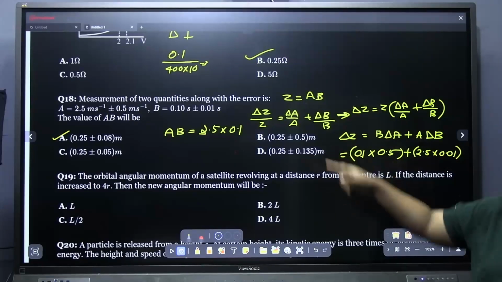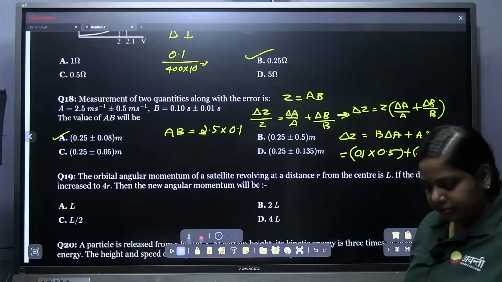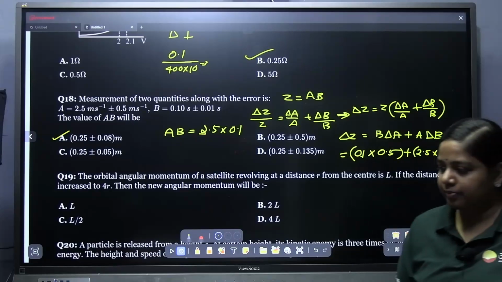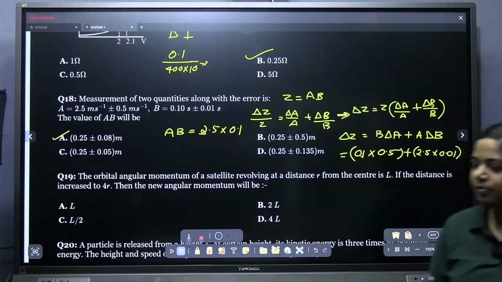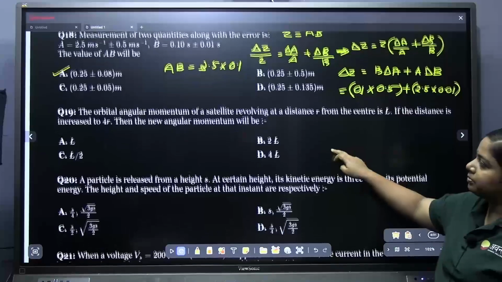So, we will round off and you will get 0.08. A is the option. Is that clear? Okay, let's move to the next one.